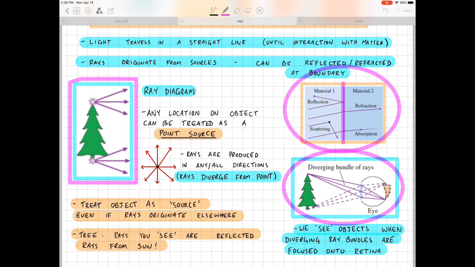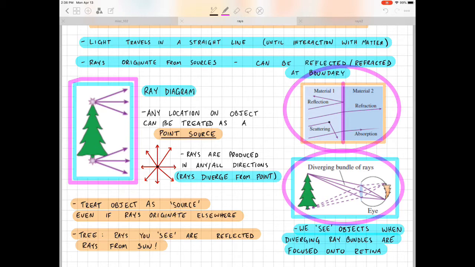And so before we do that, we need to introduce reflection and refraction, but that's kind of where we're headed. Right? How do you actually get to images formed? And the idea is that these rays that should be diverging, right, from the point source, if you can alter the path of these rays, then you can get those rays to converge at a location, and that's where you'll get an image to form.